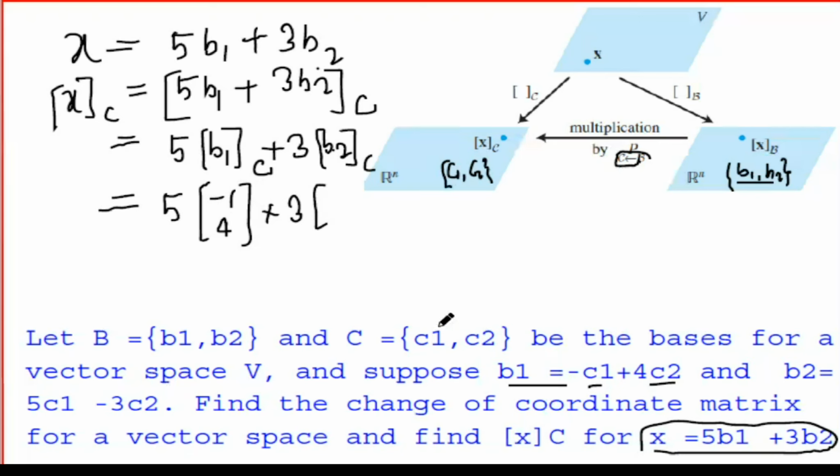B2 can be written as 5c1 minus 3c2, so the C coordinate for B2 is 5, minus 3. So this equals 5 multiplied by minus 1, and 5 multiplied by 4, which is 20, plus 3 multiplied by 5, 15, and 3 multiplied by minus 3, minus 9.